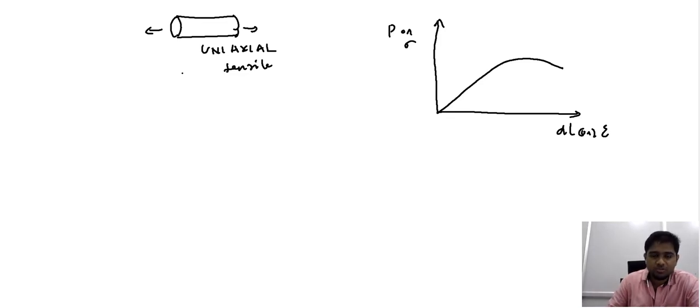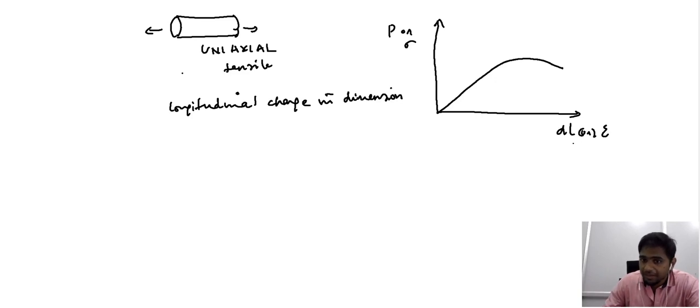Correspondingly, in response to this uniaxial tensile loading, there is a deformation, or rather there is a change in the dimension of the sample. There is a longitudinal change in the dimension of the sample, and that is exclusively considered in the x-axis, and this form of loading is considered in the y-axis.